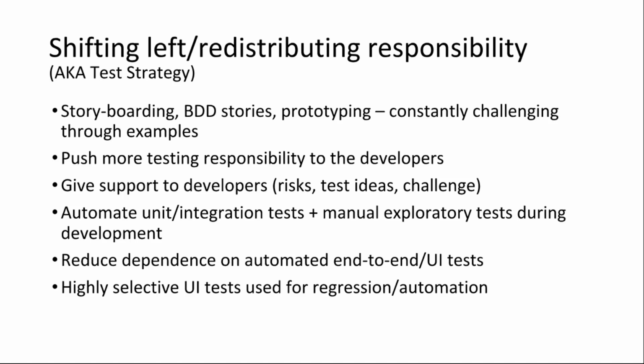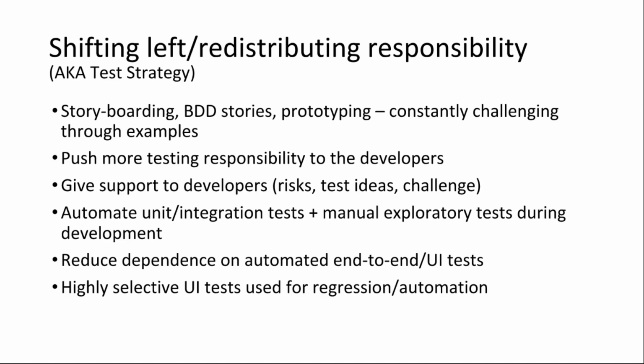We're going to push more responsibility to developers where we can, and we're going to give more support to developers to run tests in an automated way. Now, that will get us part of the way, but we've got to reduce our dependence on automated end-to-end and UI tests, GUI tests, if you like. And this is absolutely consistent with the testing pyramid, which I'm sure many of you are familiar with.